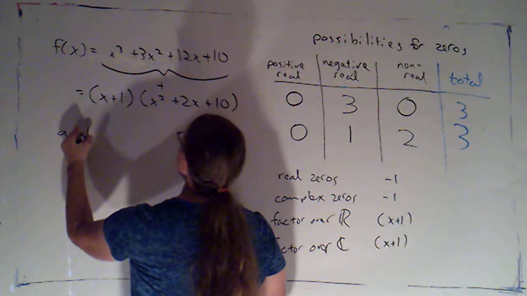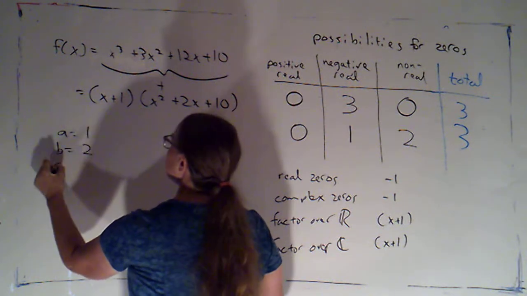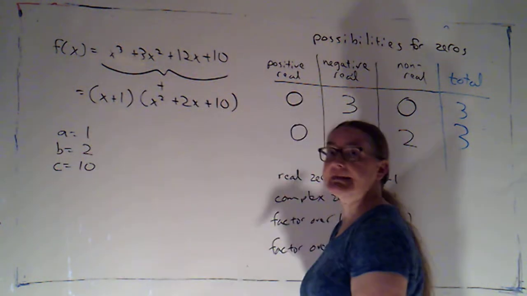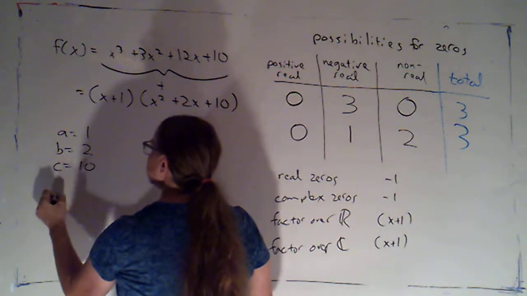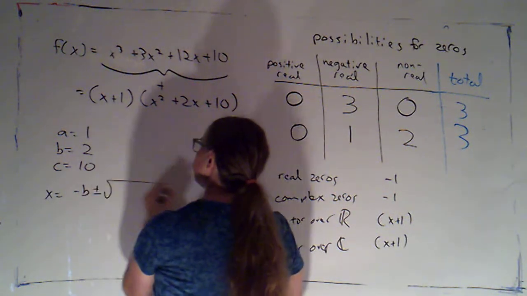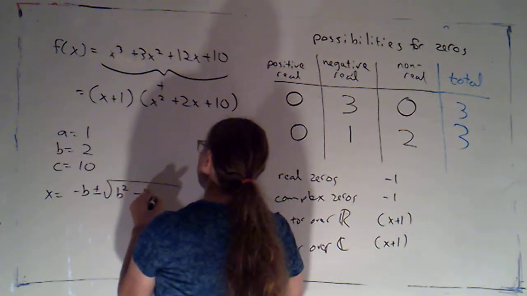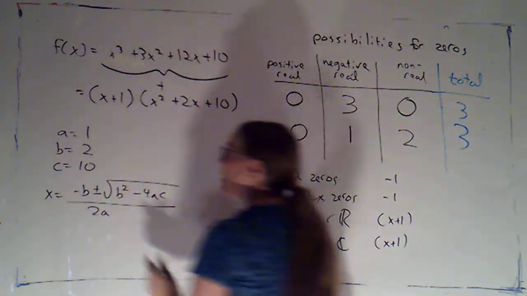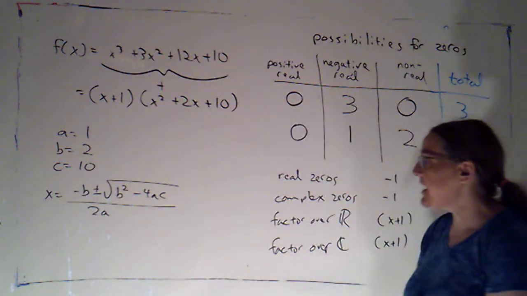Here my a is 1, my b is 2, and my c is 10. So x is going to be the opposite of b, plus or minus the square root of b squared minus 4ac, all over 2a.